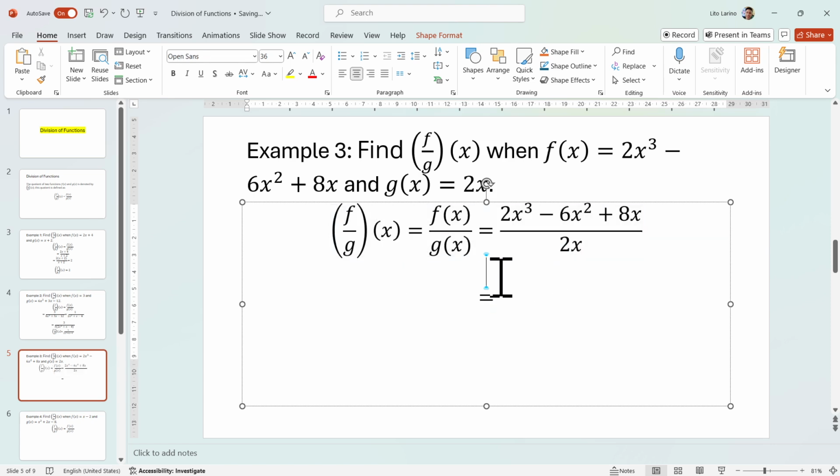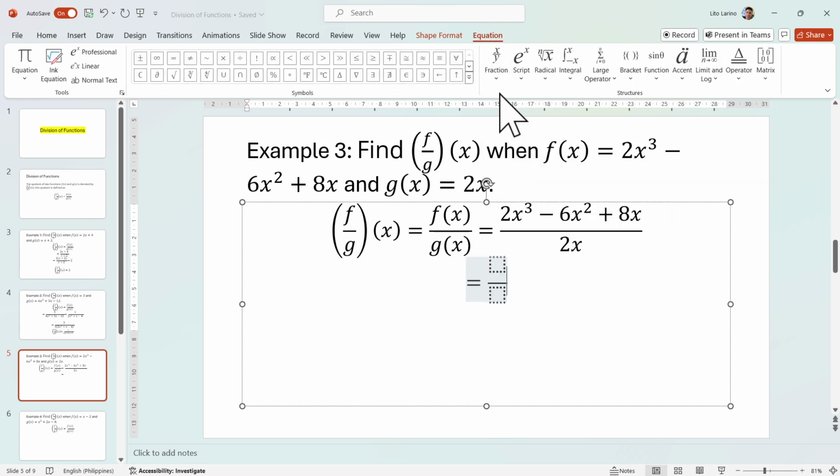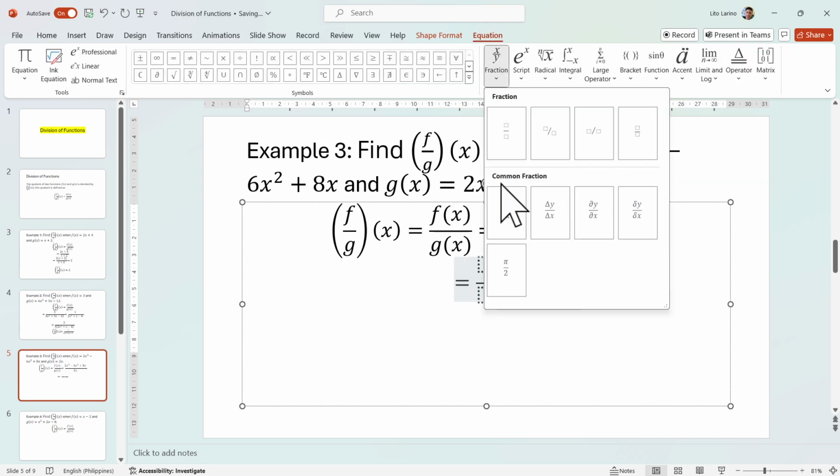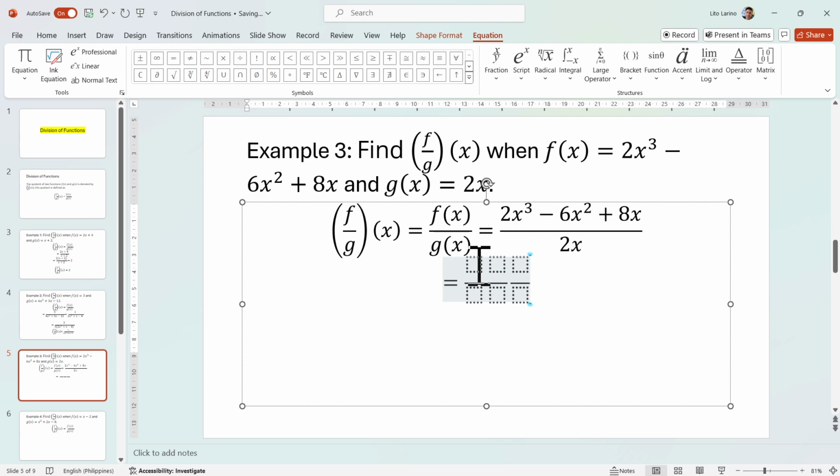Again, each term of the numerator will be divided by the denominator, which is 2x. That is 2x cubed divided by our denominator 2x.